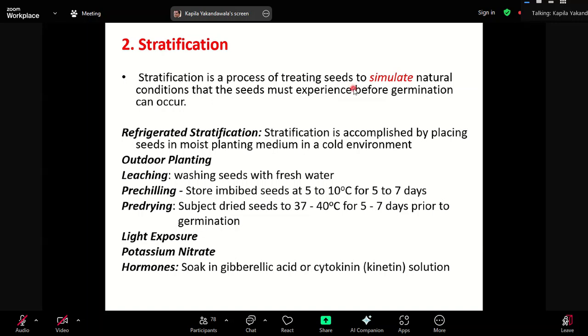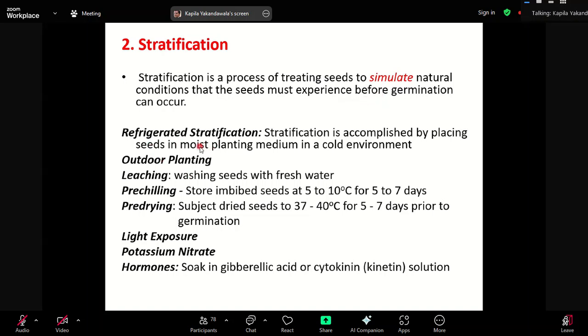Stratification is a process of treating seeds to stimulate natural conditions. So these conditions must be experienced by seeds before they germinate, right?